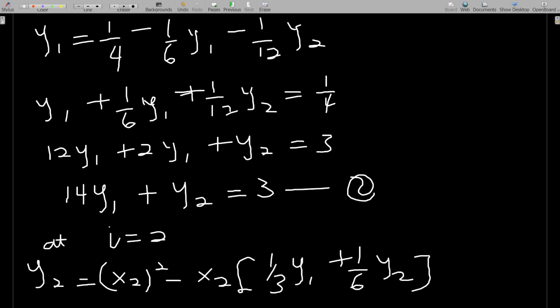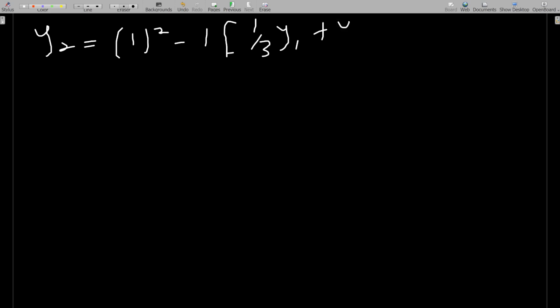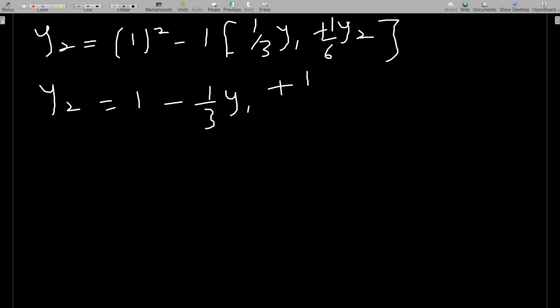So you go ahead and simplify this and realize that you have y2 being equal to, x2 is 1, so 1 squared minus 1 into 1 over 3 y1 plus 1 over 6 y2. So I have my y2 being equal to 1 minus 1 over 3 y1, minus 1 over 6 y2.